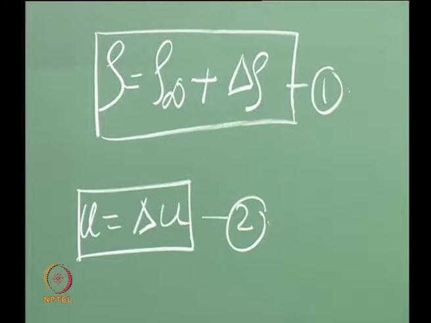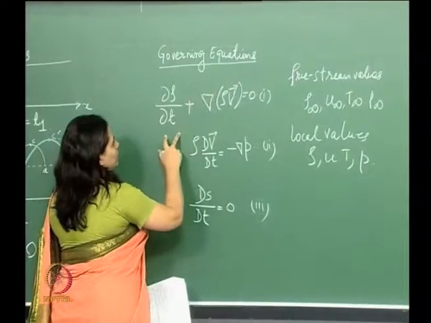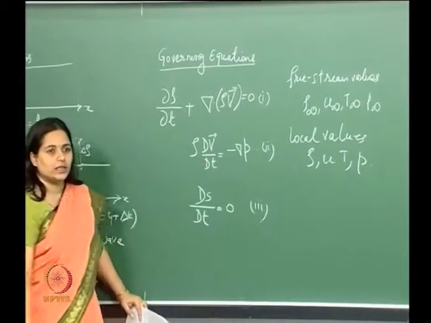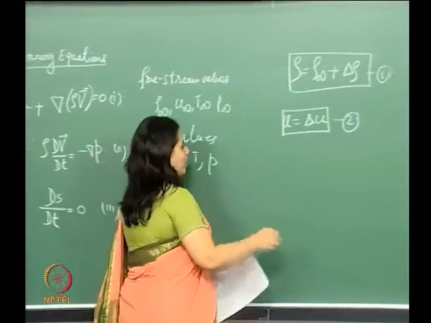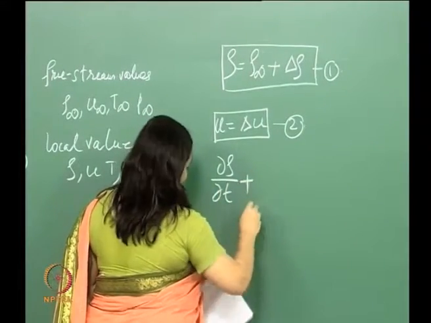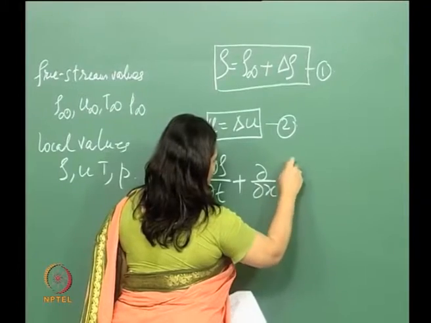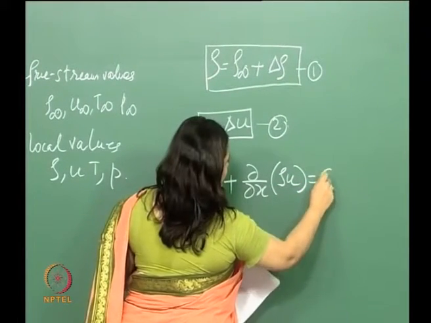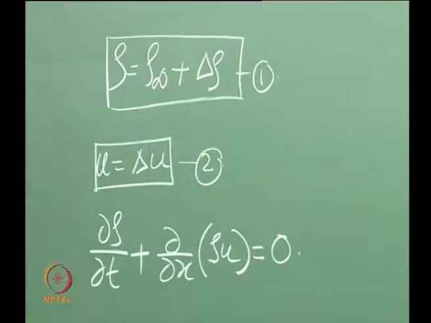Okay. So, now let us go ahead and take the continuity equation given in this one and write it in the x direction. So, if I do that, what I get is, right, we can write this.